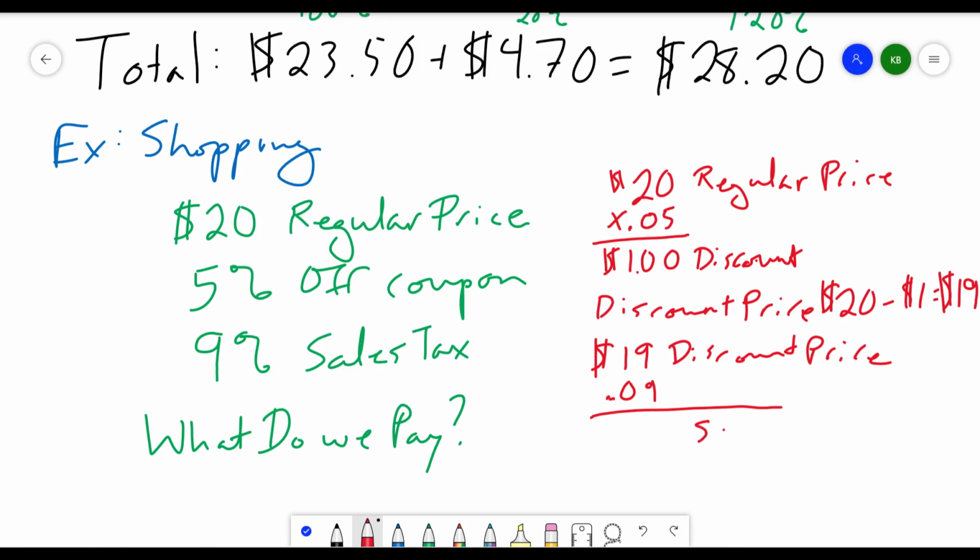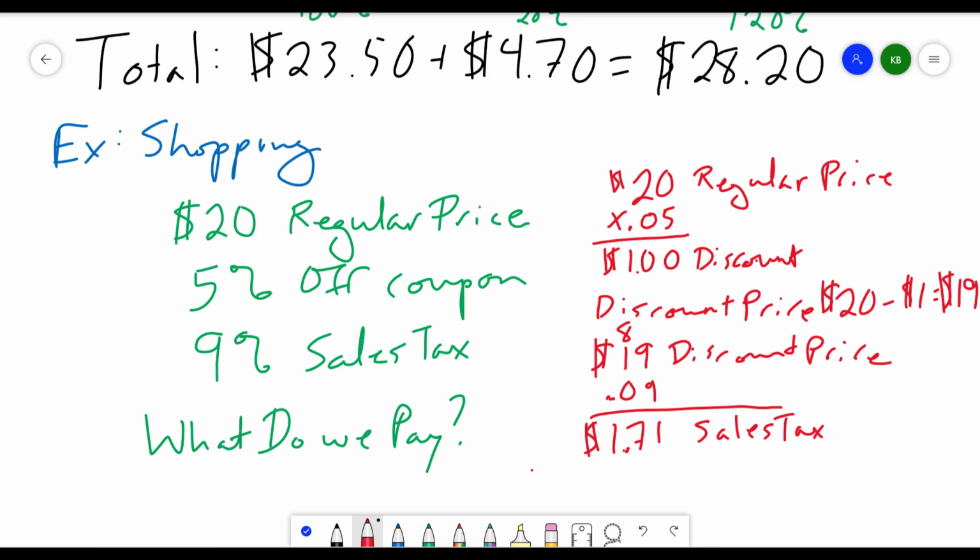So this is going to be sales tax once I do the multiplication. So I do 9 times 9 is 81. 9 times 1 is 9, plus 8 is 17. I have 2 decimal places, so I'm going to pay $1.71 in sales tax.